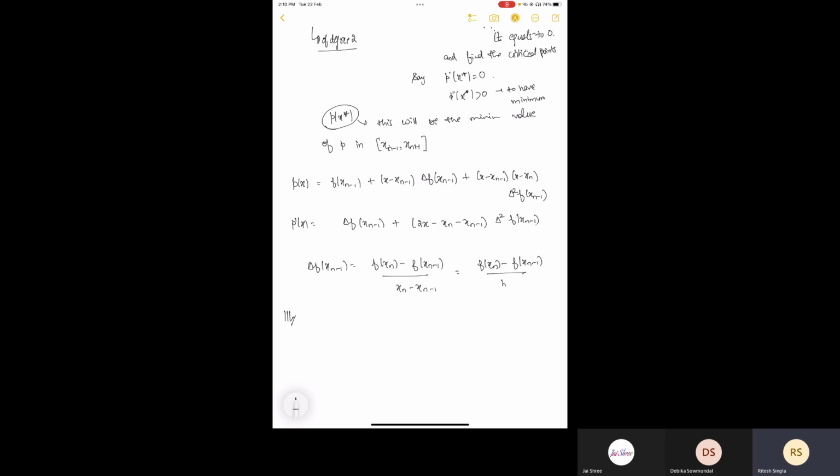And similarly, Delta square f of x of n minus 1 will be f of x of n plus 1 minus 2 times f of xn plus f of x of n minus 1 upon 2h square, right?